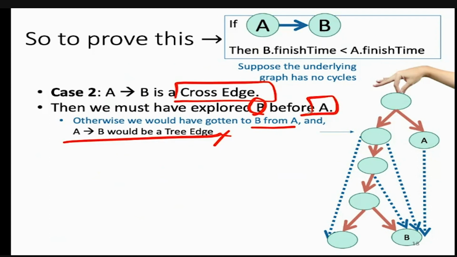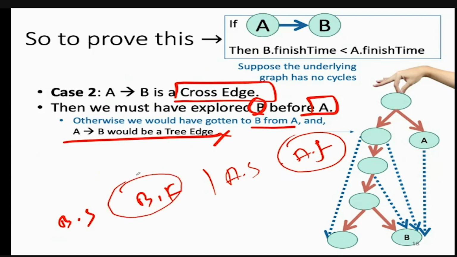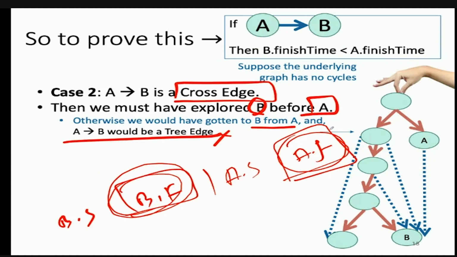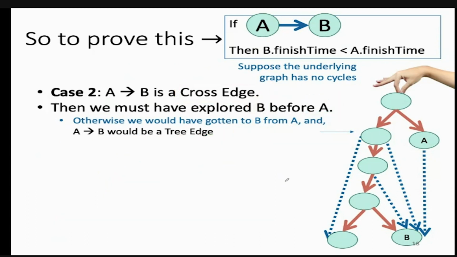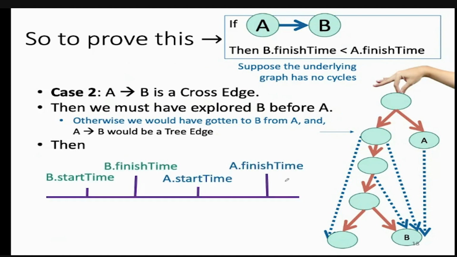So again, if we have explored B before A, then B was started early, B was finished early, and then after some time A started and A finished. So let's look at these two. B was finished before A was finished. So the finishing time of B is less than the finishing time of A. This is actually described here again.